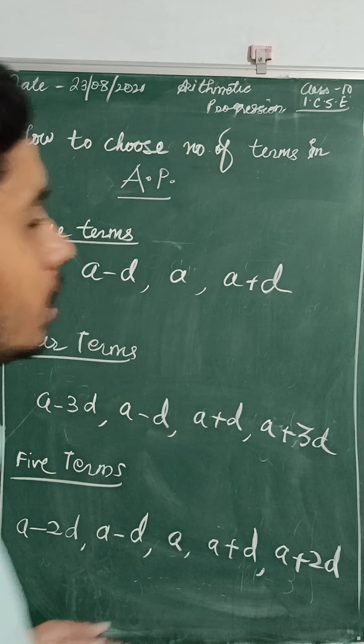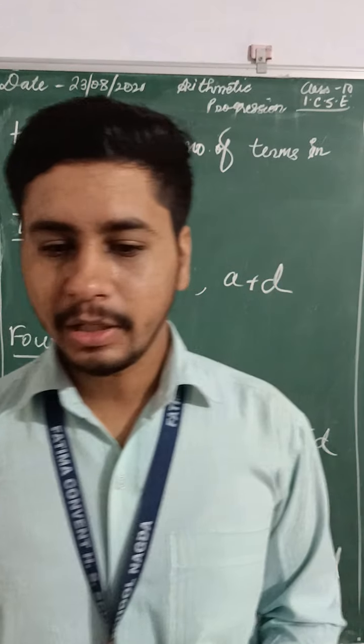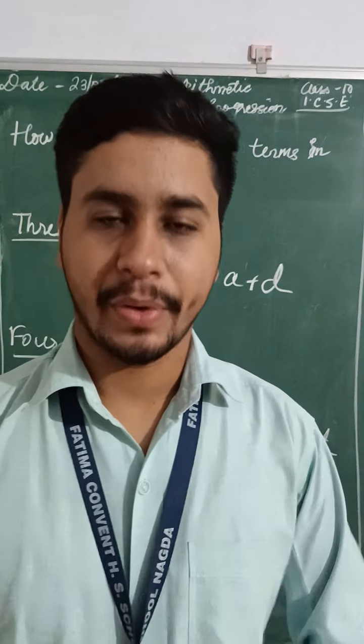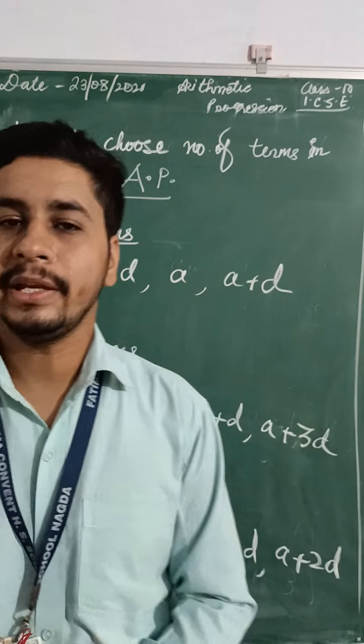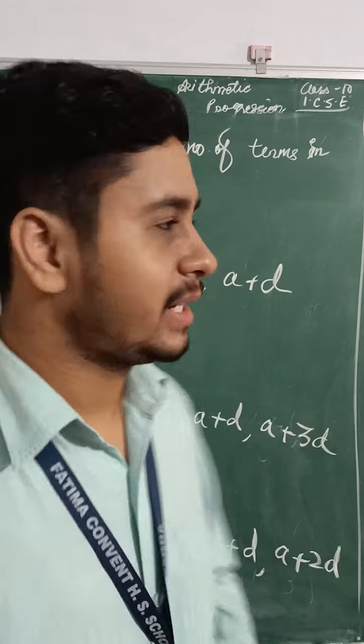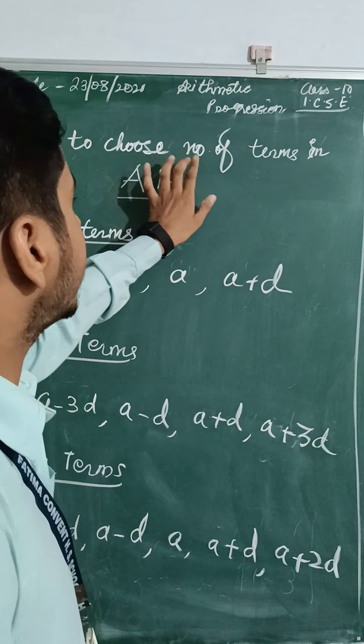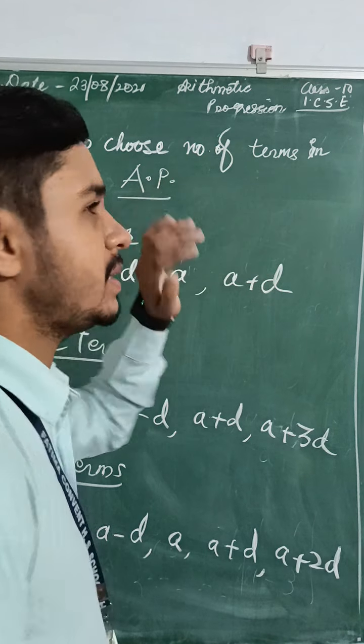Okay, so now before starting the next question, that is the 11th question, I just want to explain one thing, and that is how to choose the number of terms in an AP.